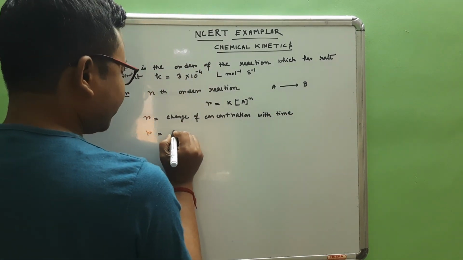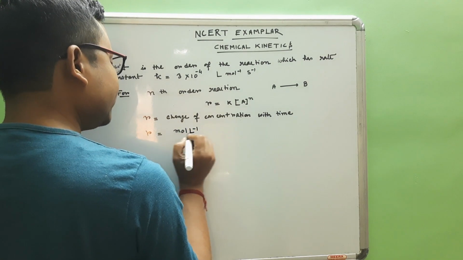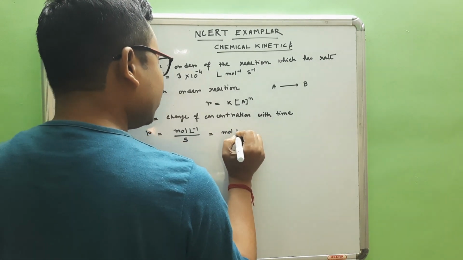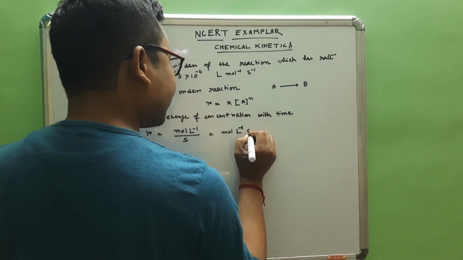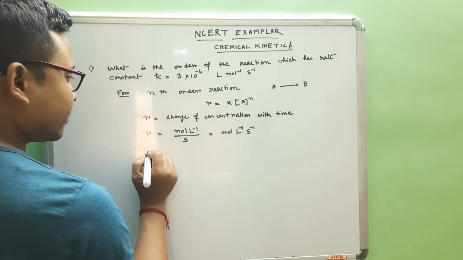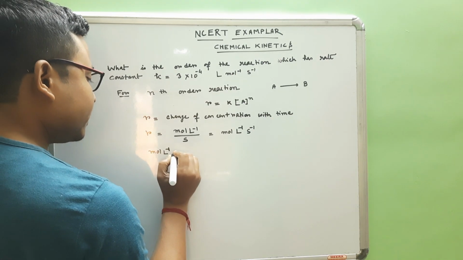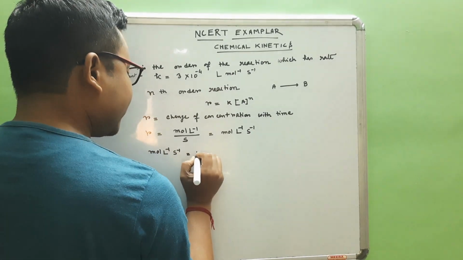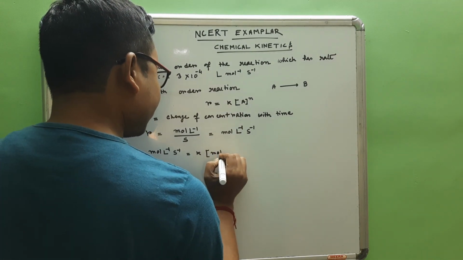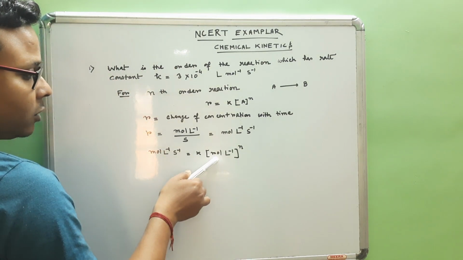So the unit of rate is the unit of concentration, mole per liter, by second. So it gives mole liter inverse second inverse equals k into concentration to the power n, and mole liter inverse is the unit of concentration.